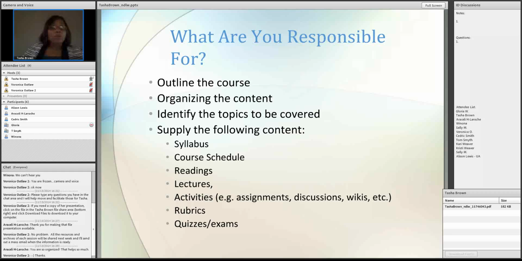Now your lectures will be things you will record. You can record those in several different tools, which your instructional designer will be able to recommend the best tool. Depending on what your college or university has to offer, you may be able to go to their campus and record. You may be able to use a computer that has Camtasia or Captivate on it, or you may be able to use Screencast-O-Matic.